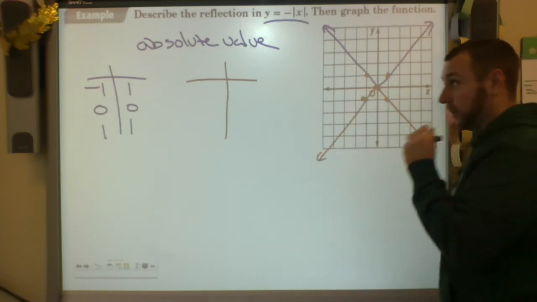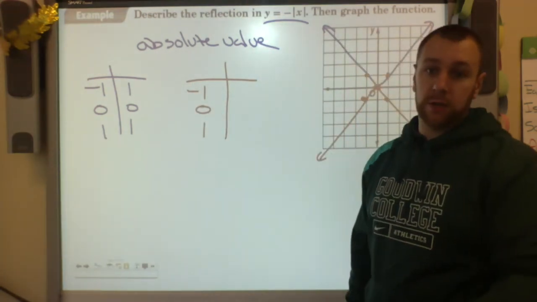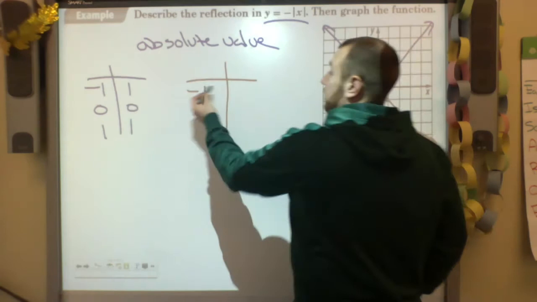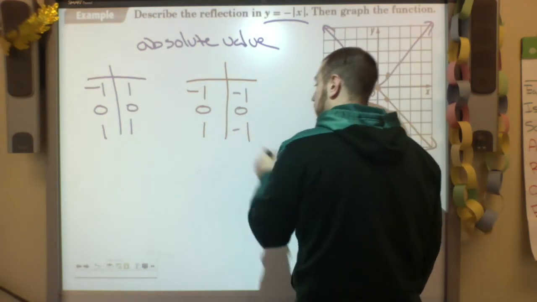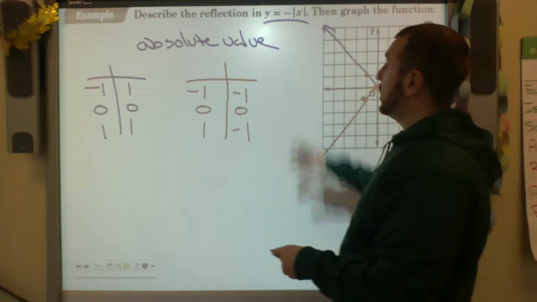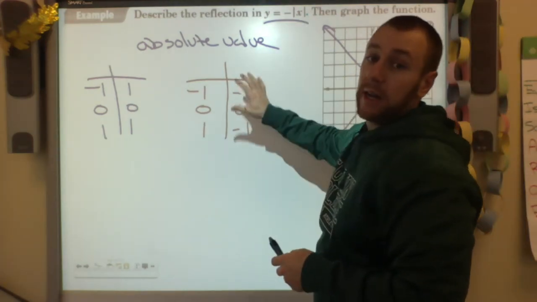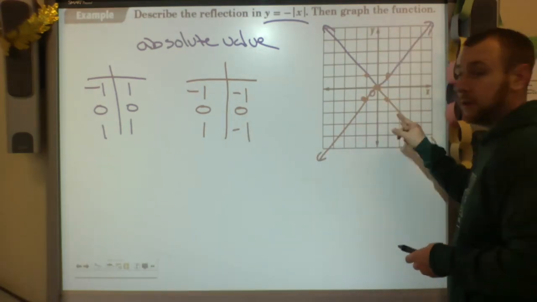So my new points, my x's never change. It's my y's that change. Now, my y's become those negatives. I didn't change my x value that I put in, I only changed my output, and it's flipped.